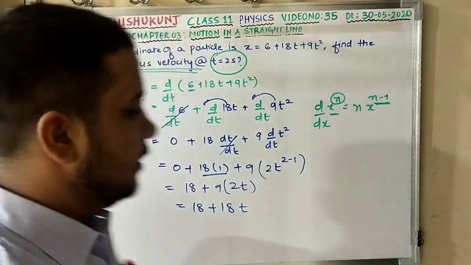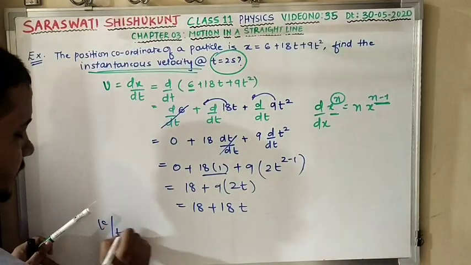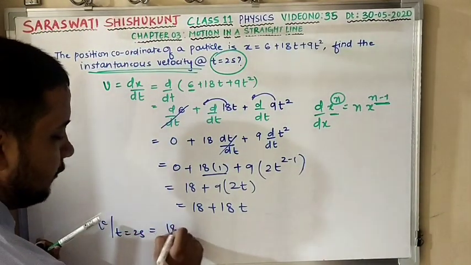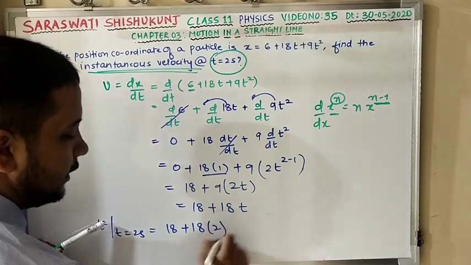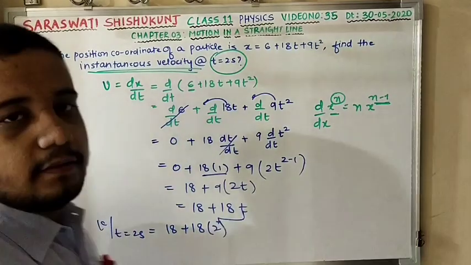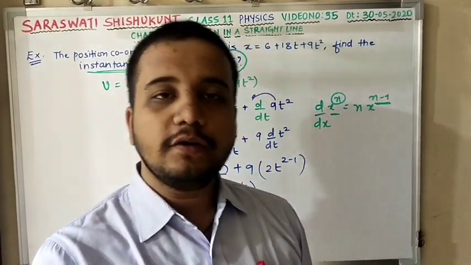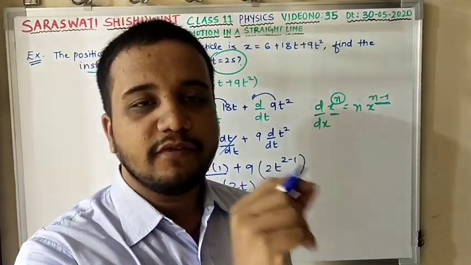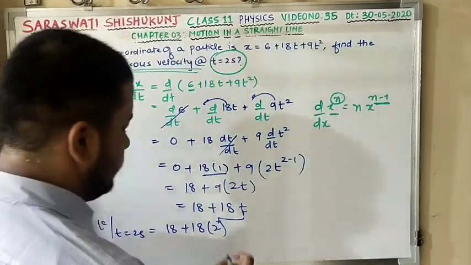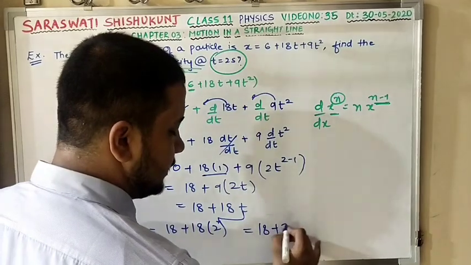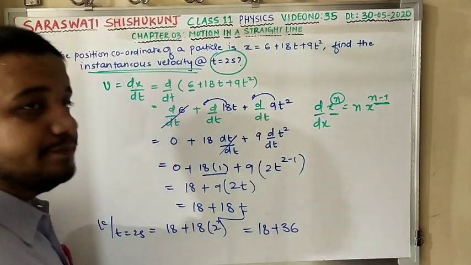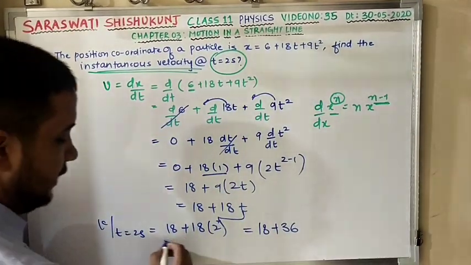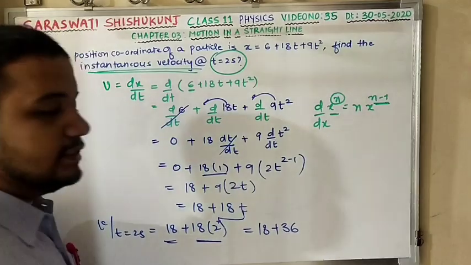Till this clear? Now they are asking for a particular time instant, that is t equal to 2 seconds. So you just have to substitute 2 in place of t. Whatever time instant they have given to you, you just need to put the value of the same time instant into the equation in order to get the answer, that is 18 plus 36. 18 twos are 36.